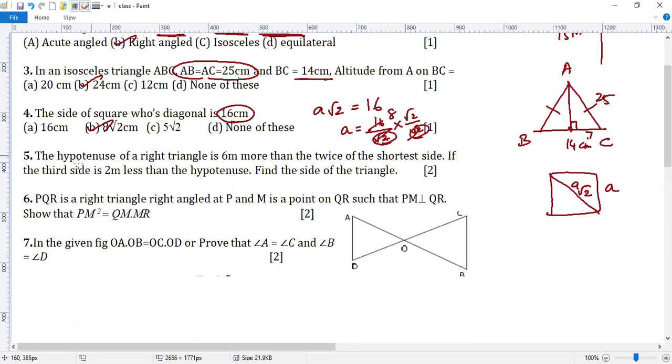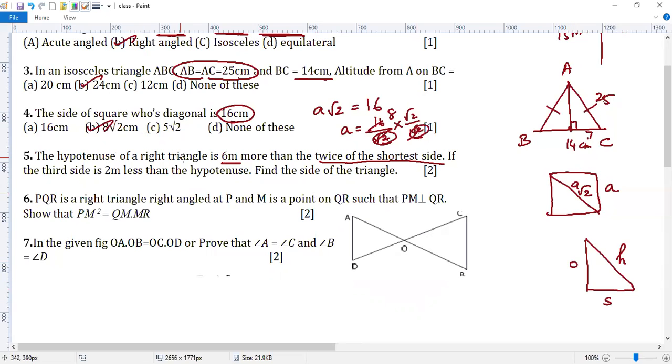The 5th one. The hypotenuse of a right triangle is 6 meter more than twice the shortest side. Okay. Hypotenuse of a right angle triangle. So for any right angle triangle, I'll take this to be the hypotenuse, this is the shortest side and this is the other side. Okay, these are three dimensions.